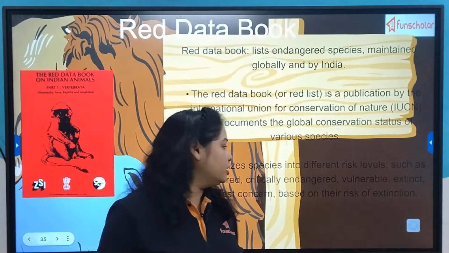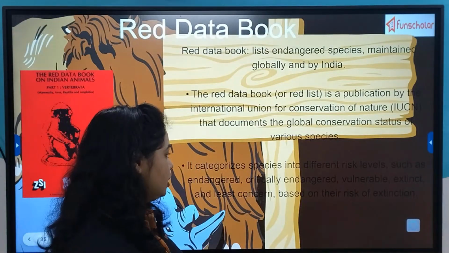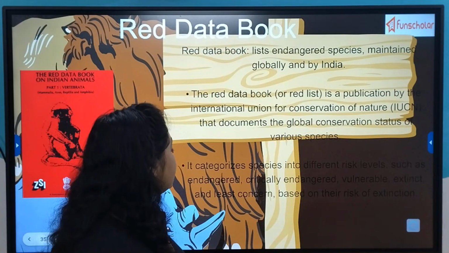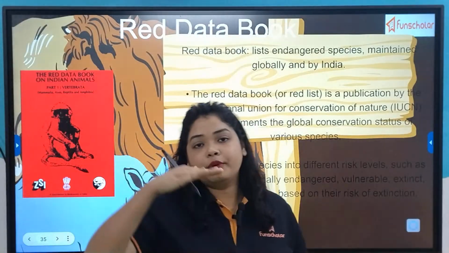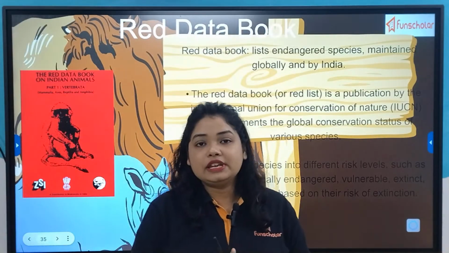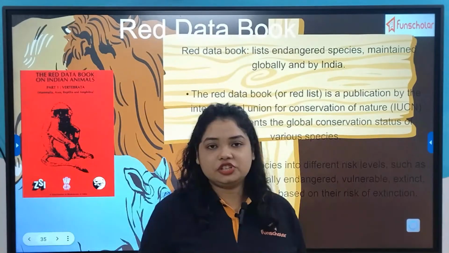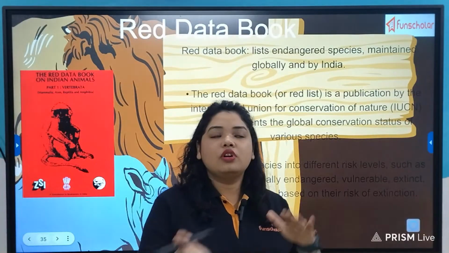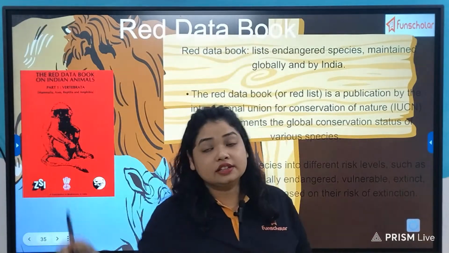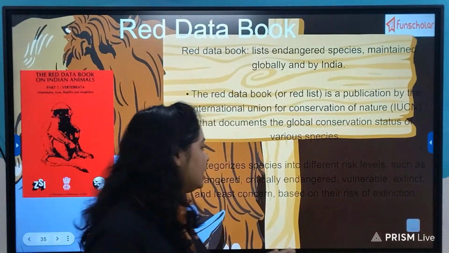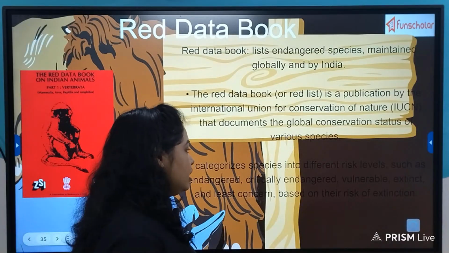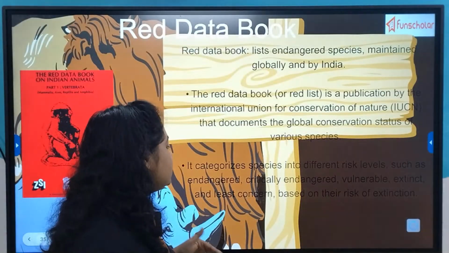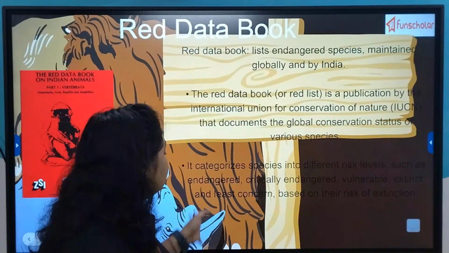Then critically endangered. Critically endangered means they are above the endangered level. That means among all the endangered species, these species are way more endangered than the other endangered species. Then vulnerable means they are a level below endangered species, extinct we know, and then least concern.